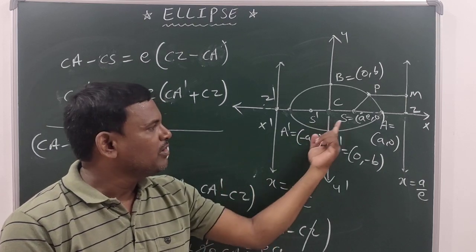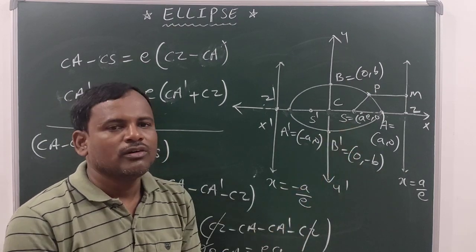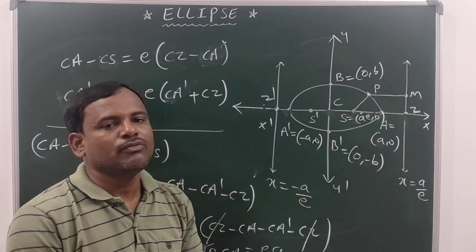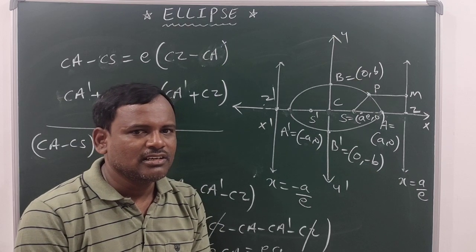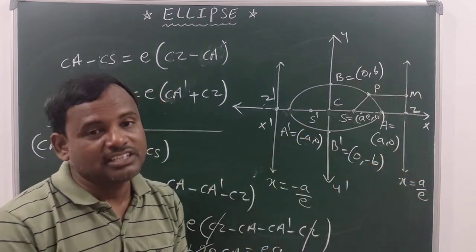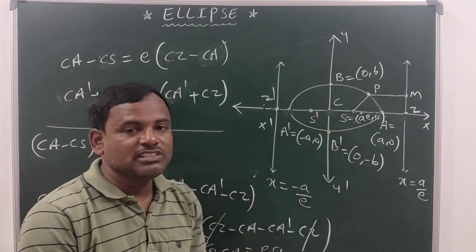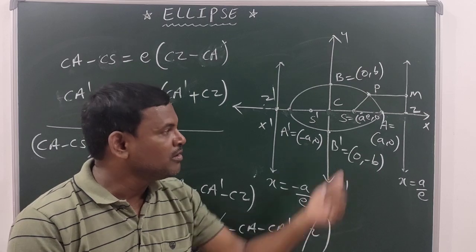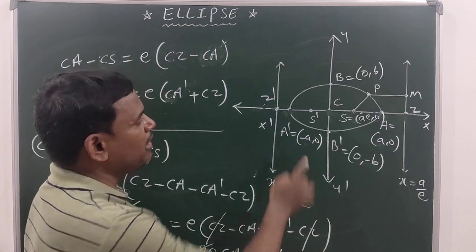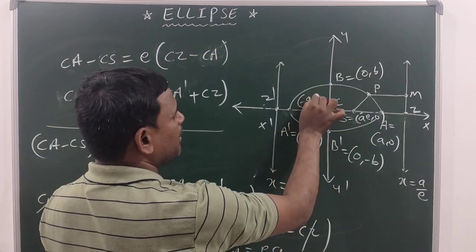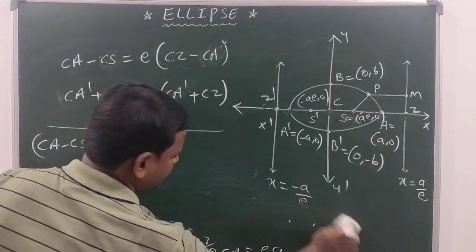On subtracting we got the coordinates of the focus. So on adding we got the directrix equation, and while subtracting those two we got the focus coordinates AE comma 0, and the other focus coordinates can be minus AE comma 0.